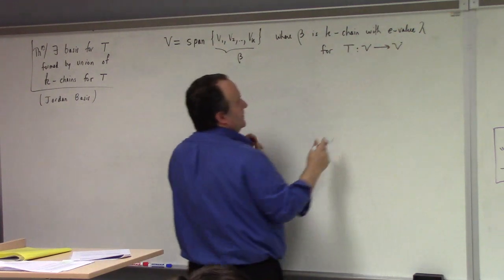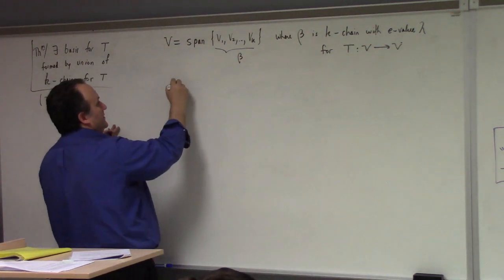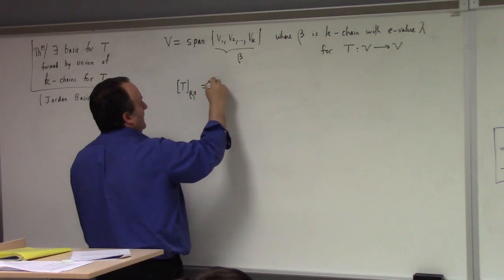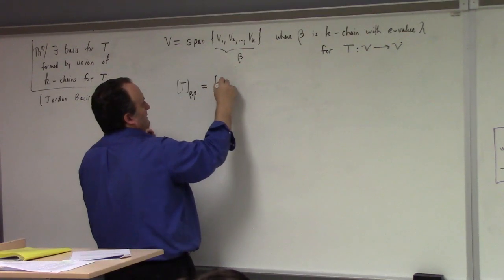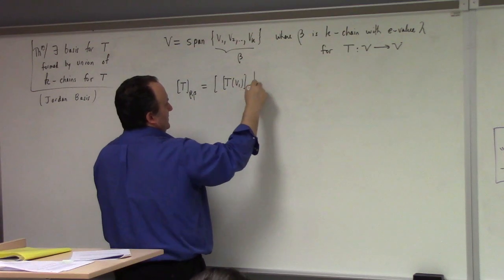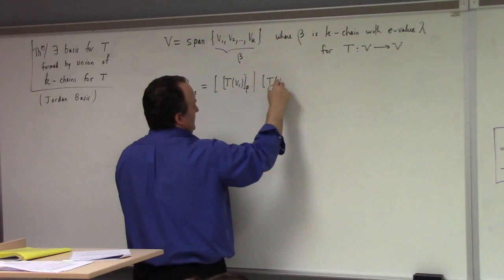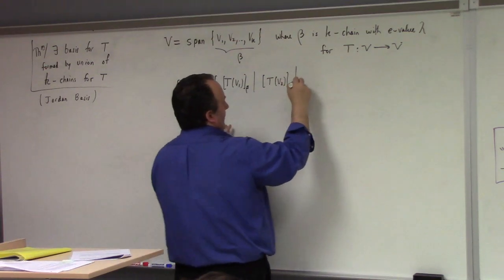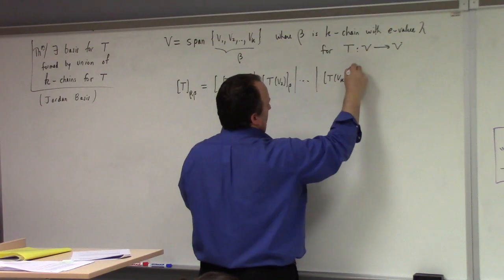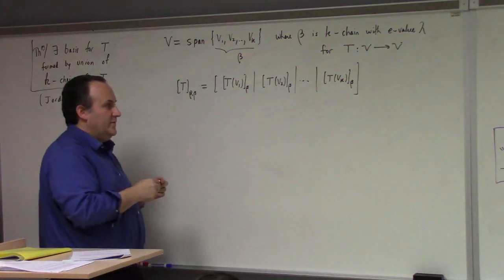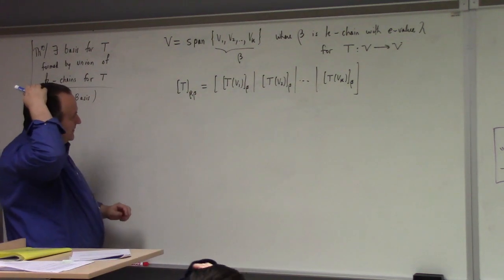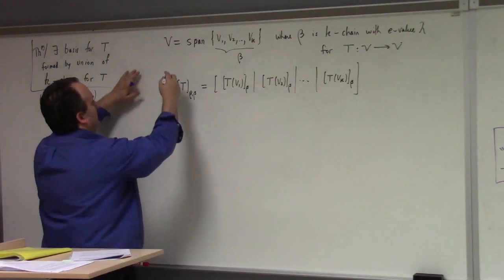So in this situation, what does the matrix of T with respect to beta look like? We're looking at T of v1, T of v2, T of vk. It's helpful to write out the chain condition. What was it?